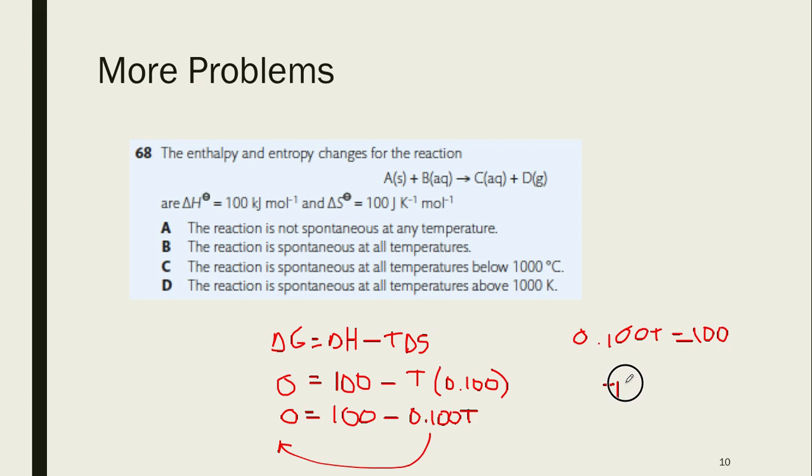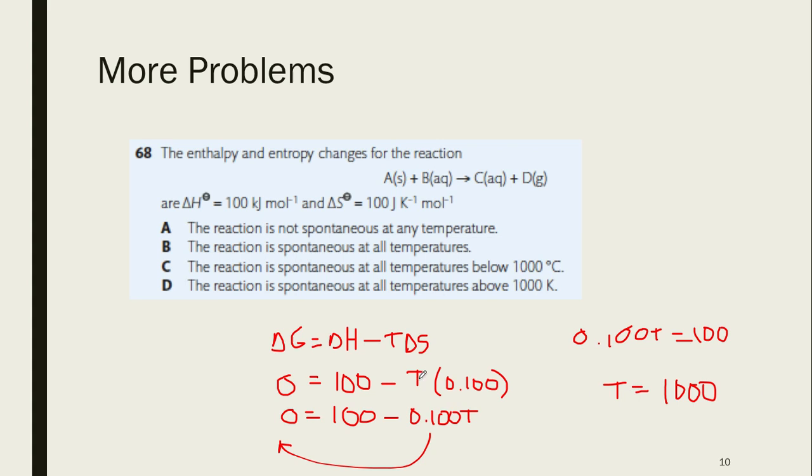And I can solve for T by dividing by 0.1 to get T equals 1,000. So by setting delta G equal to 0, we can look at the change that temperature will have on the spontaneity.